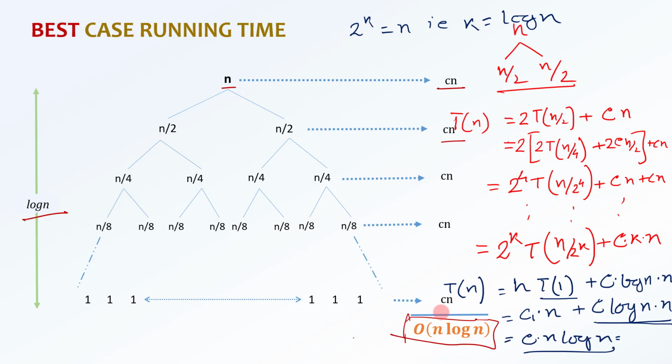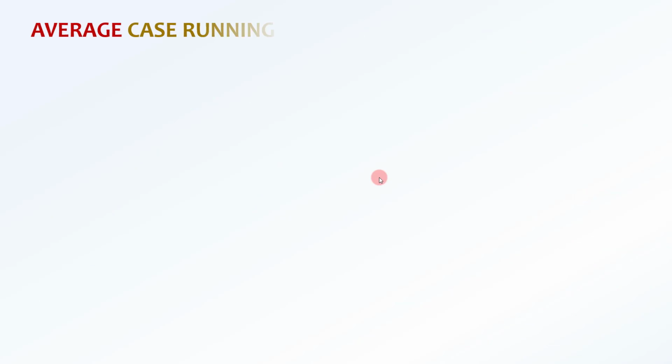Next we will discuss the average case running time. The average case running time of quicksort is much closer to the best case than the worst case. Suppose for our example, the partitioning algorithm always produces a 9 to 1 proportional split, which maybe at first looks quite unbalanced.